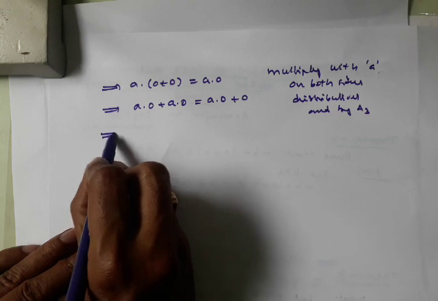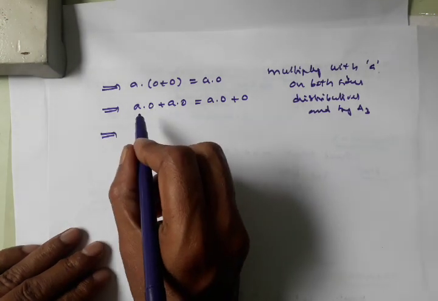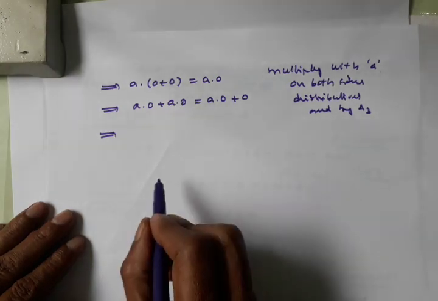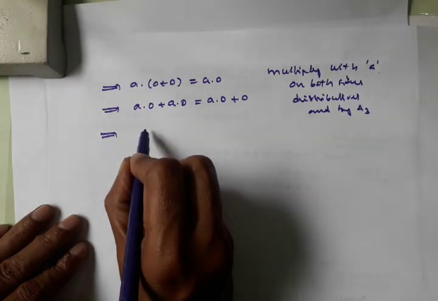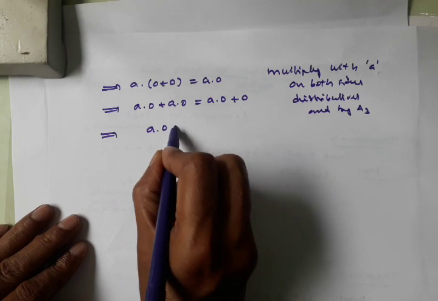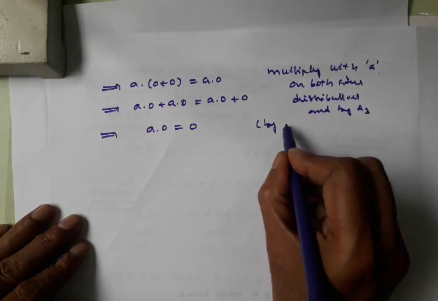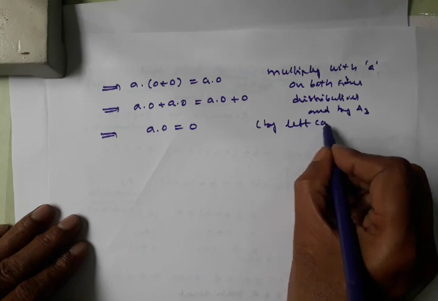By left cancellation law, as left side elements in this LHS and RHS, a into 0 and a into 0 are to be cancelled. The remaining is a into 0 is equal to 0 by left cancellation law.